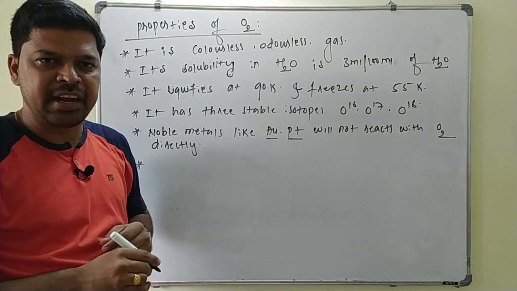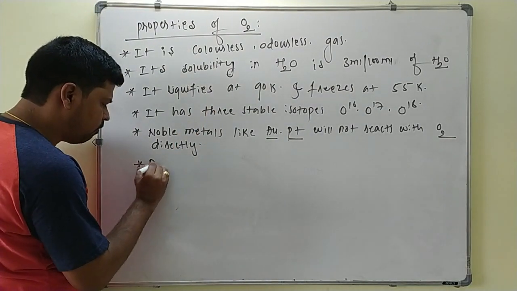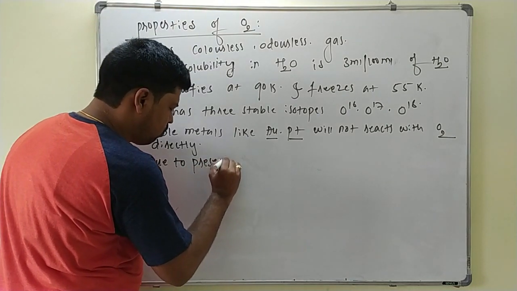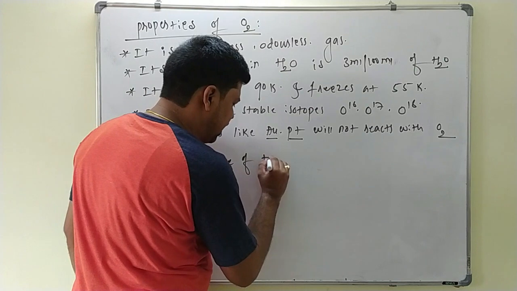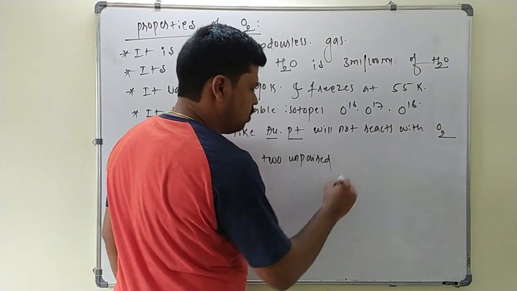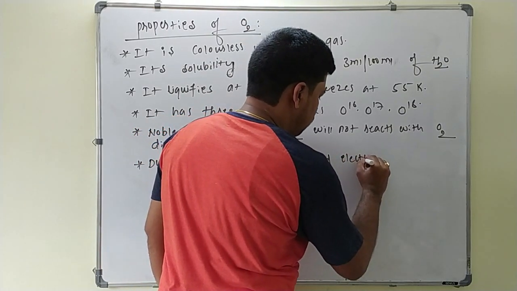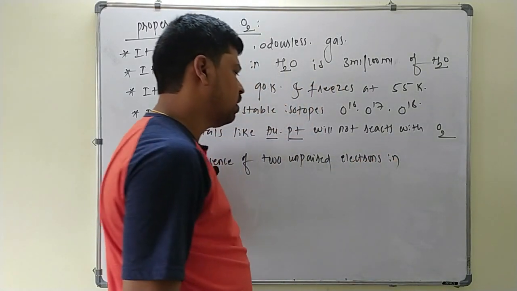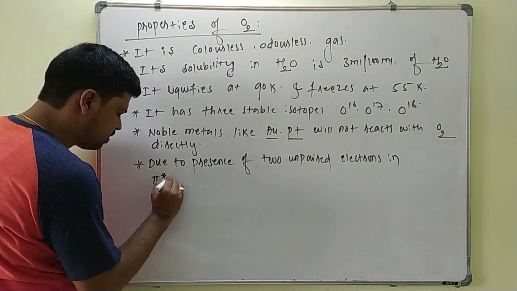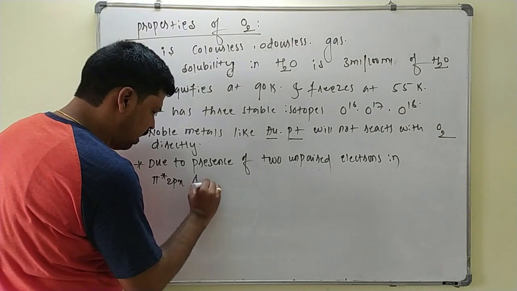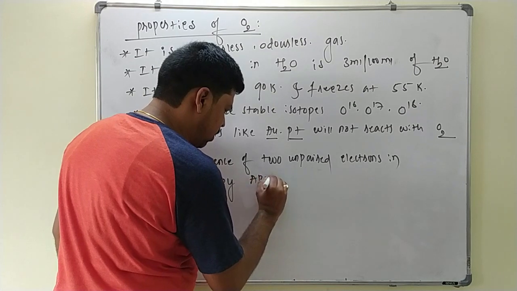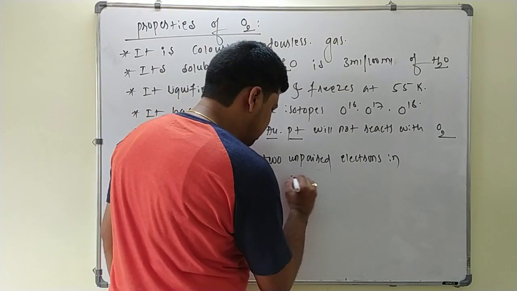That's why it is paramagnetic in nature, due to presence of two unpaired electrons in π* 2px and π* 2py ABMO, antibonding molecular orbital.